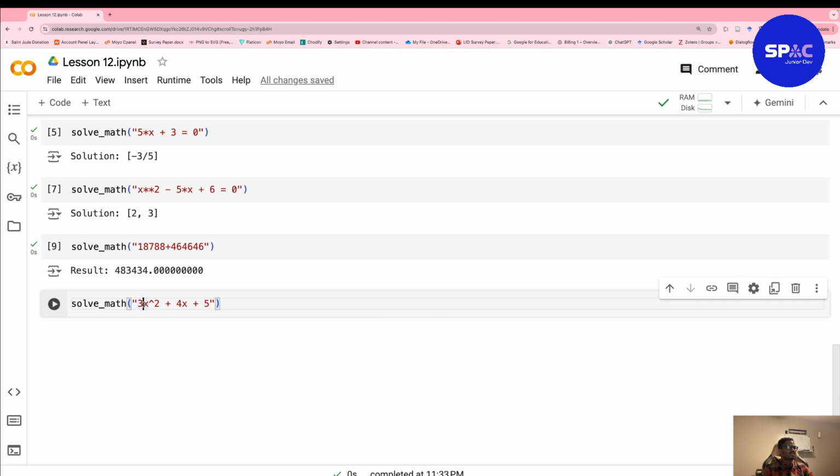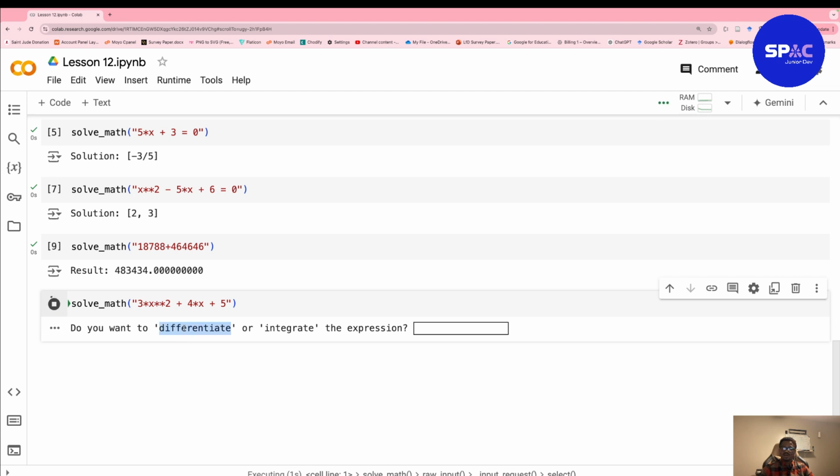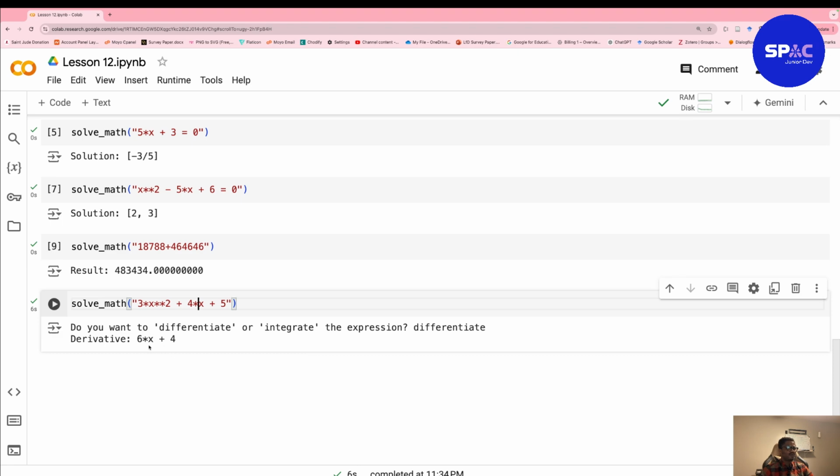This is going to be 3 times x, then x is raised to power this, and this is this. So when I run this, if you know how to differentiate an equation, this will give us 6x plus 4. When I run it, it will ask me whether I want to differentiate or not. I said enter. See, 6x plus 4.